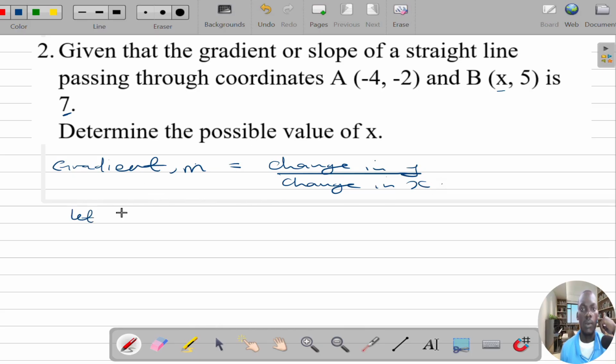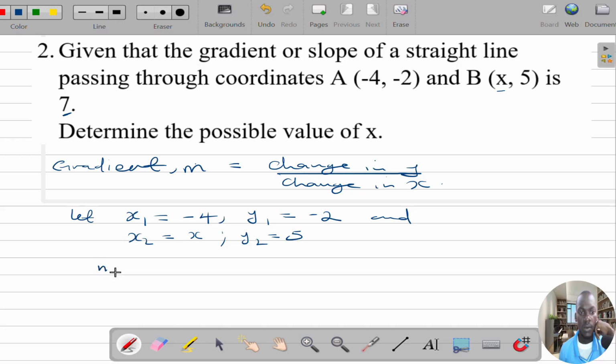And in here, we can let x1 be equal to -4. Automatically, y1 becomes -2. And x2 equals x. Automatically, y2 becomes our 5 from here.